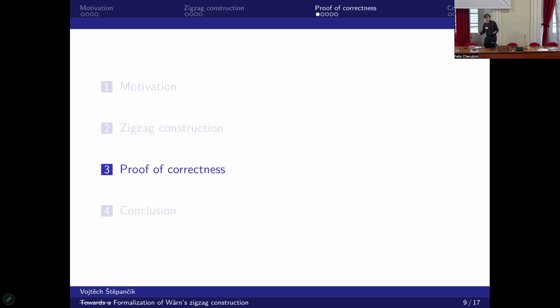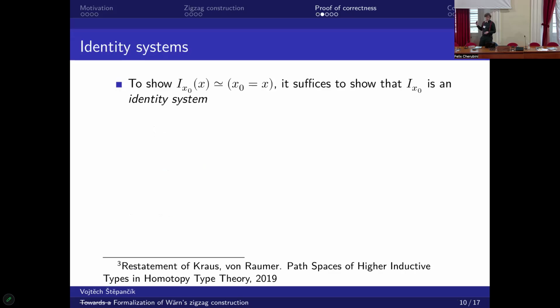Now we want to prove that it actually satisfies the right universal property, or that it actually has this equivalence to identity type. How do we prove that? I chose to show that this type family is an identity system when it's pointed in a specific way.